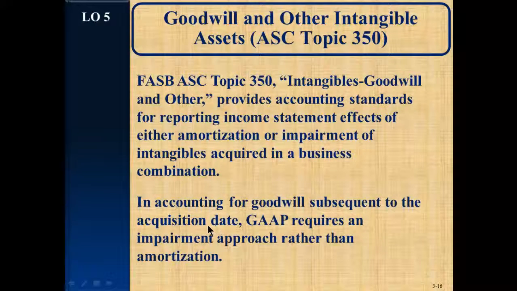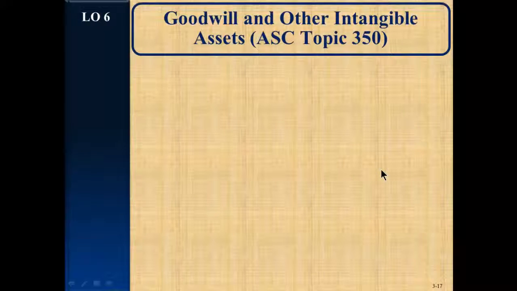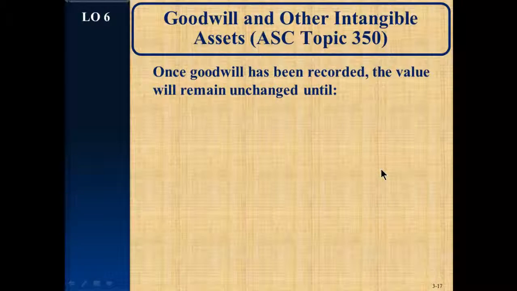And now, what does GAAP require relative to goodwill? I can tell you way back when I used to do consolidations, goodwill was amortized, and so now we don't amortize goodwill. It is actually tested for impairment, and it's going to remain unchanged. Now, is goodwill like the account when you record the investment in subsidiary?